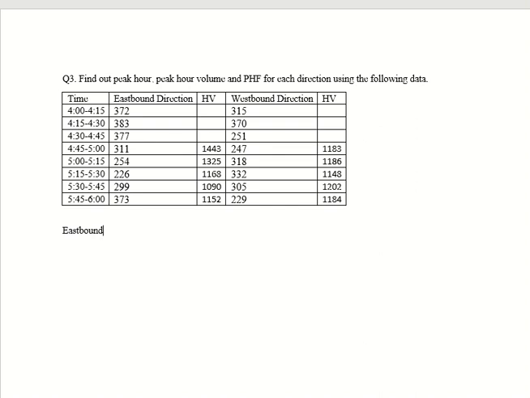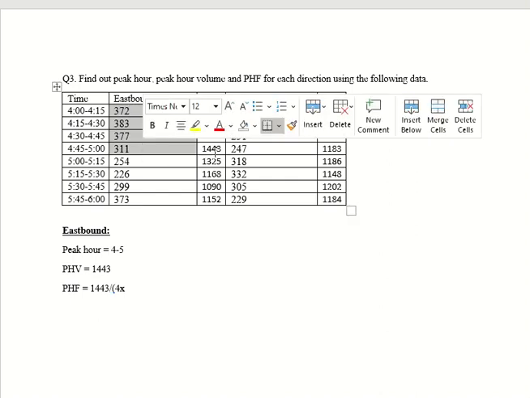Now if I'm doing it for the eastbound, you can see here the maximum I have is this one. So my peak hour is from 4 to 5. Peak hour volume is 1443. Peak hour factor will be this volume divided by 4 times the maximum flow in the same range, the range from which this value came.